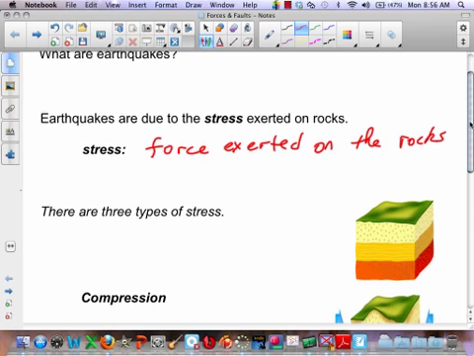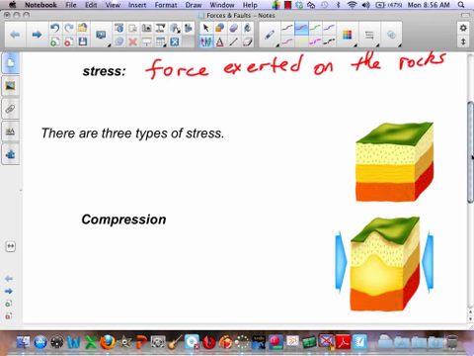So let's first take a look at compression. What does it mean to compress something? Push it together. So if I have a single block of land, and I start compressing this, what happens to the rock? It's smaller. Okay, so it gets thinner, right? So we get a horizontal shortening.